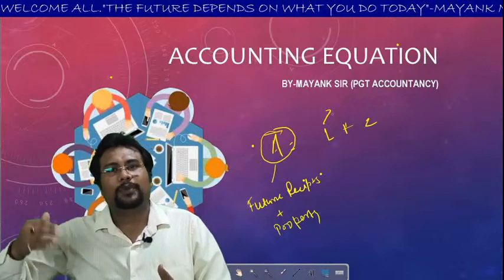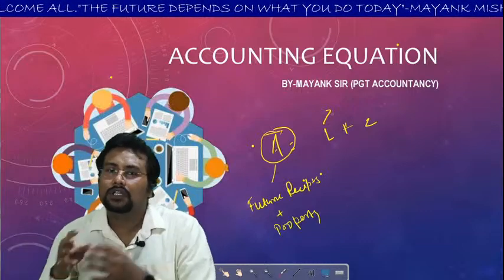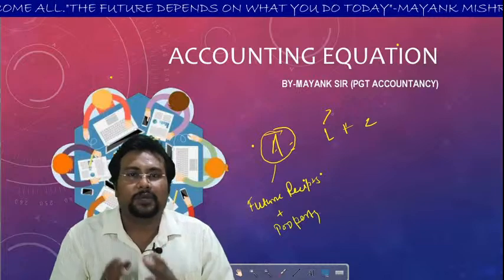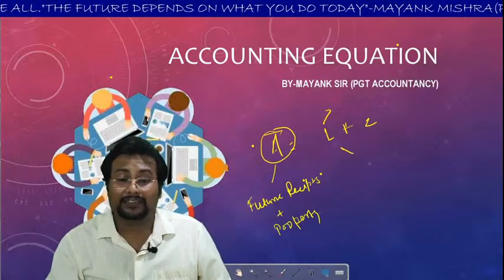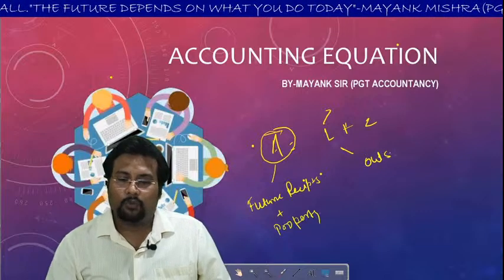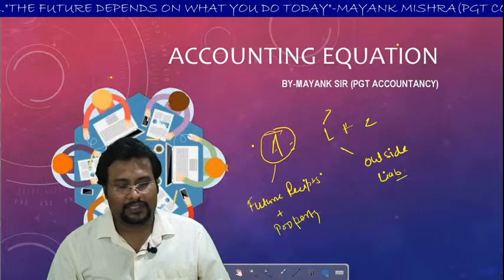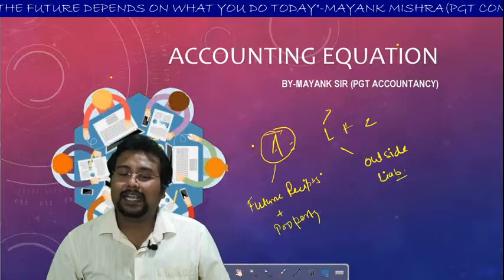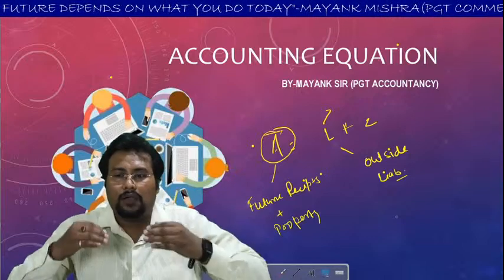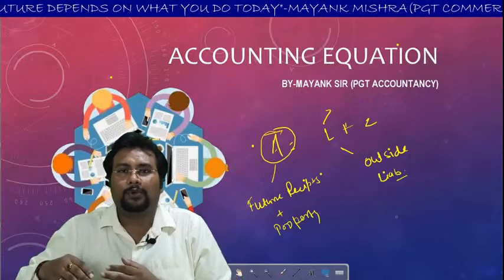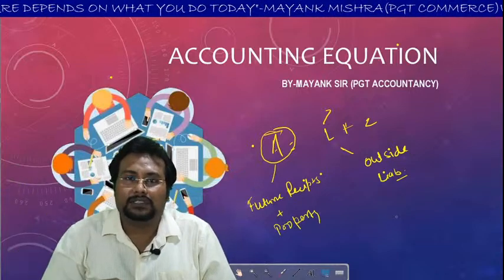Whatever the business has to pay in the future will be considered as future payment. Now here liability will basically be considered as outside liability. What is the meaning of outside liability? Outside liability is the future payment we have to make to outsiders who are not part of the business.